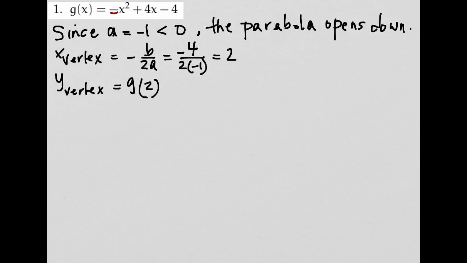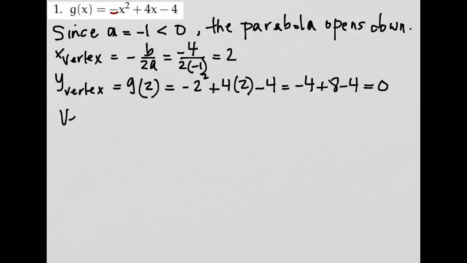So g of 2, we find that by plugging in 2 for x. That's minus 2 squared plus 4 times 2 minus 4, which is equal to minus 4 plus 8 minus 4, which equals 0. So our vertex is given by the point 2, 0. Next, let's find the y-intercept.